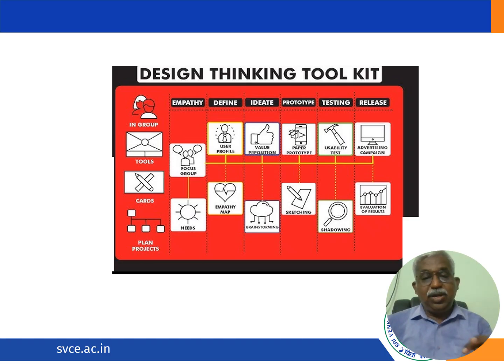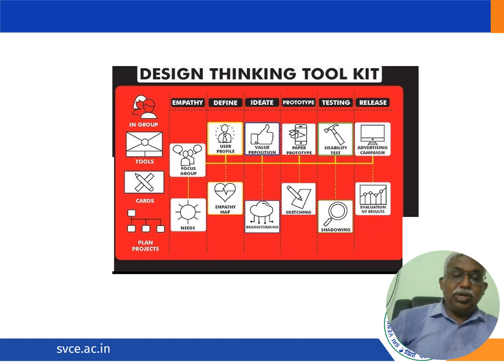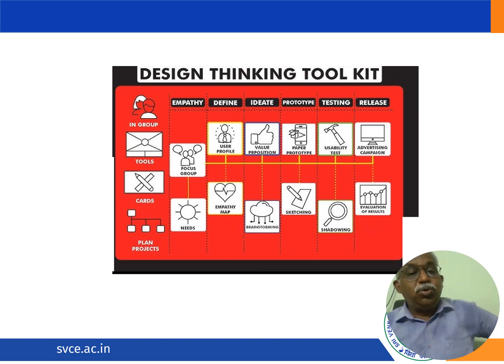This is like a toolkit that automobile people use. Similarly, we have an empathetic toolkit. Based on the problem statement we are receiving, we have the empathy tool, definition, ideate, prototype, testing. Finally, we are releasing. So these tools help people better understand the research problem statement.